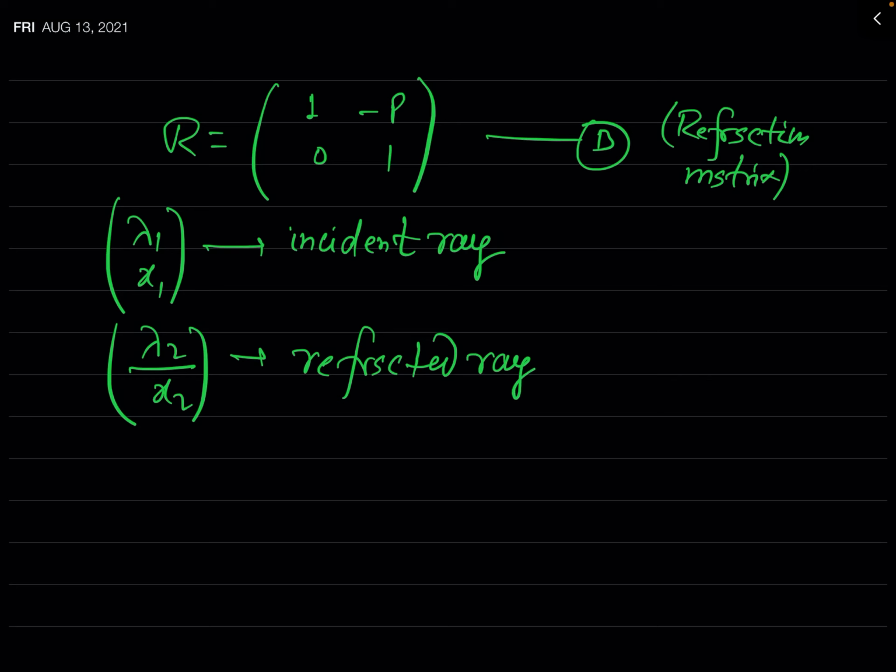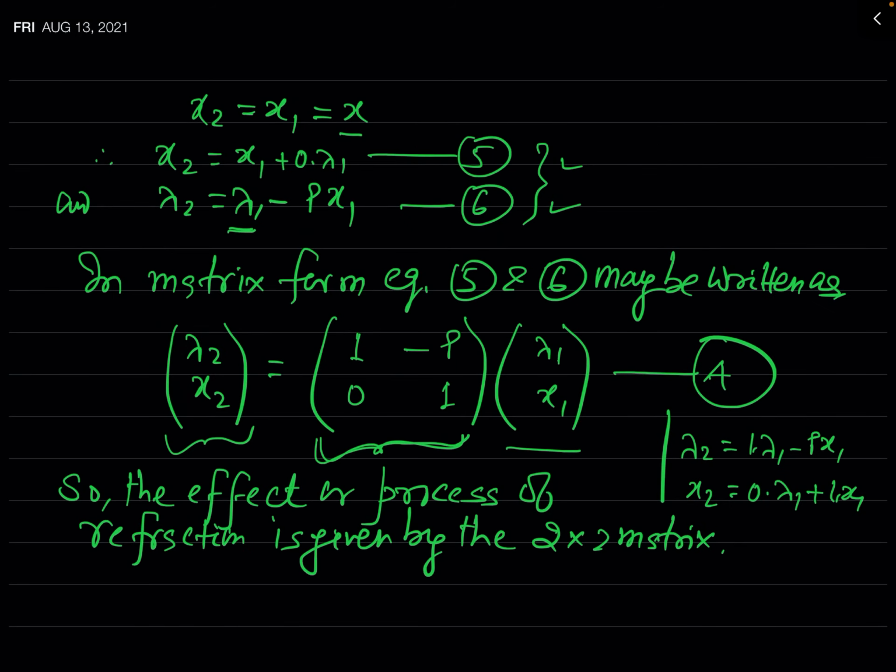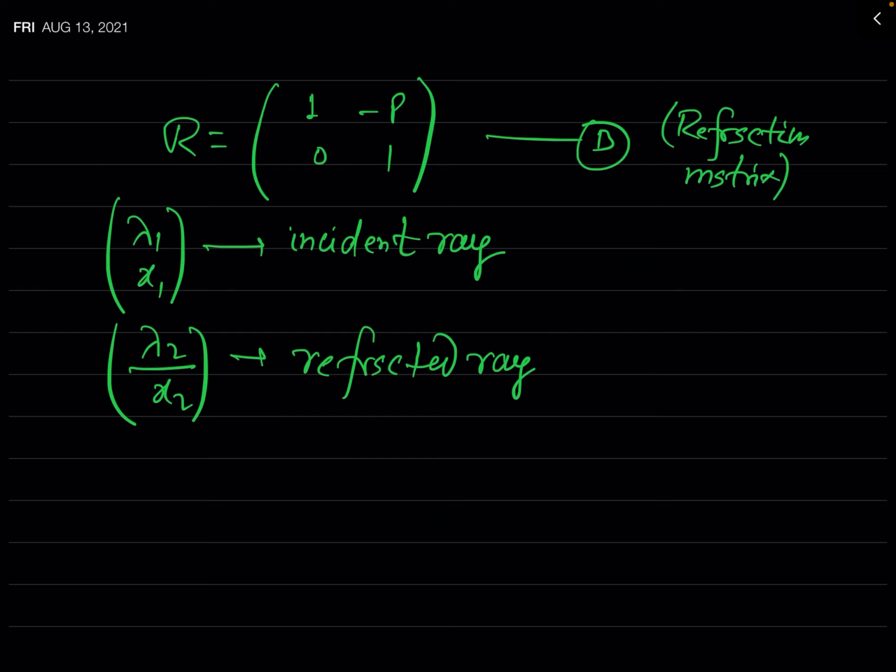So this refraction matrix just acts like an operator, and when this mathematical operator is operated on the incident ray, the resulting function is your refracted ray. And that's why this matrix is known as the refraction matrix.